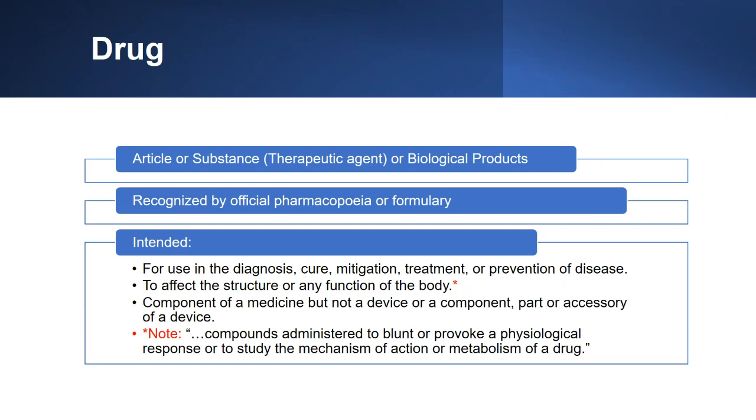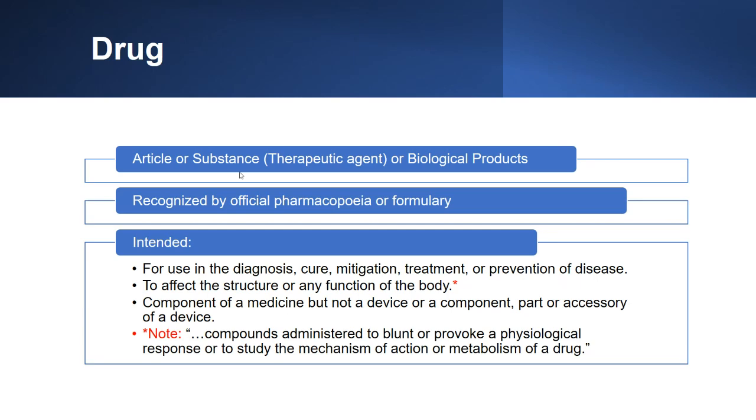Compounds administered to blunt or provoke a physiological response, or to study the mechanism of action or metabolism of the drug, which is pharmacokinetics and pharmacodynamics, can be considered drugs and part of the medicine, not the device. Only the medicine can be considered a drug.